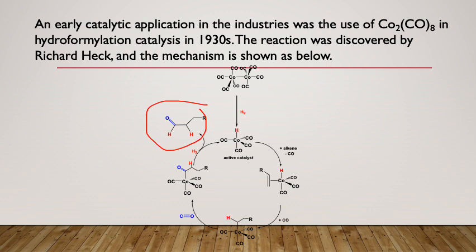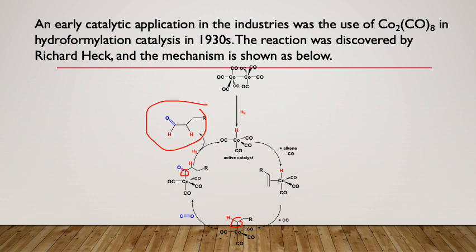tetracarbonyl, and then the removal of a carbonyl to produce this intermediate. Then later CO is added again so that it can be attached at this position here. Then another carbon monoxide molecule is added and attached at this position.